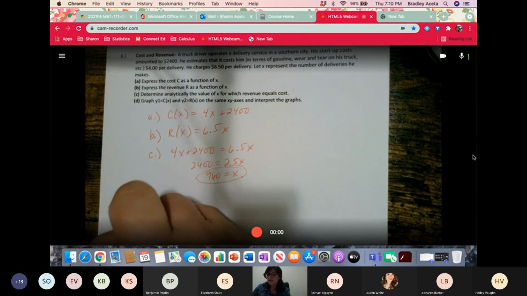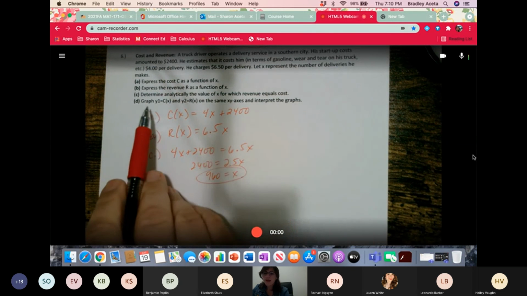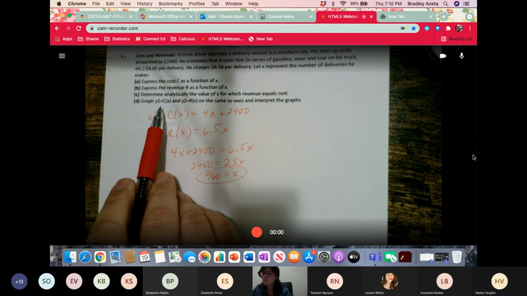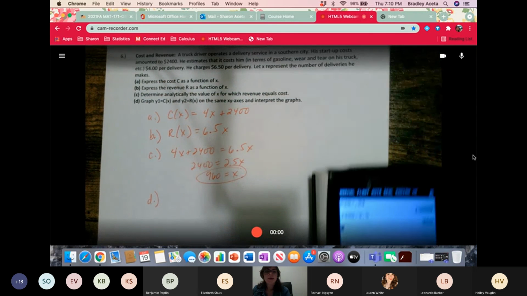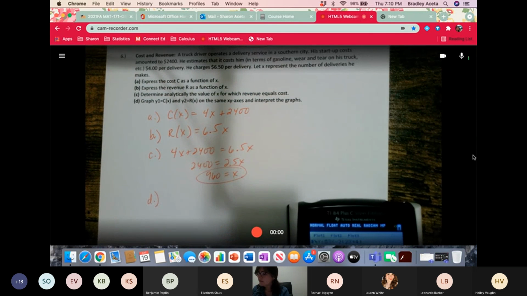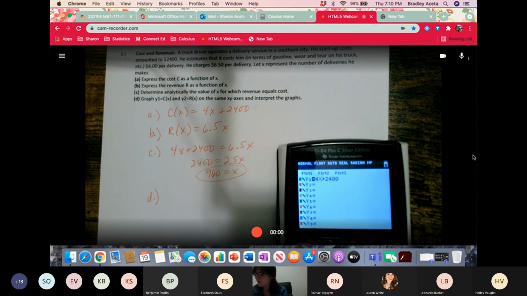And then part D, they ask you to graph on y1 your C of x function, and graph on y2 your revenue function. So 4x plus 2,400, and y2 is 6.5x.